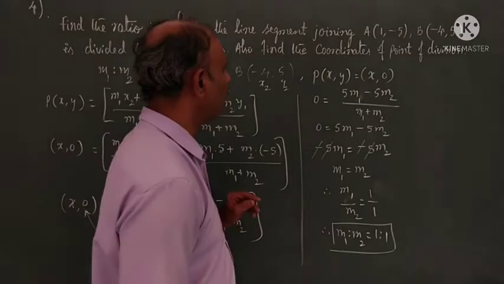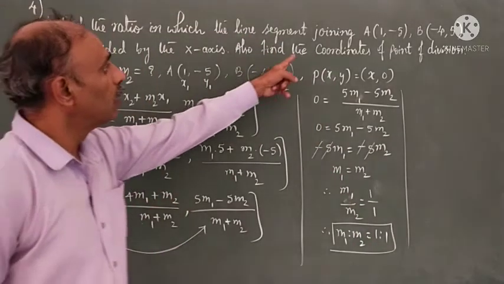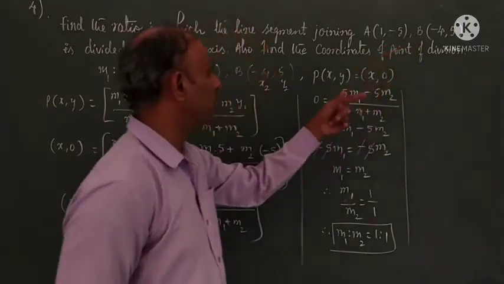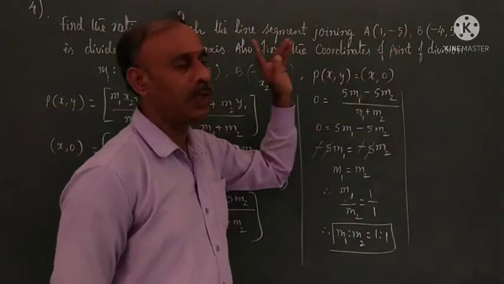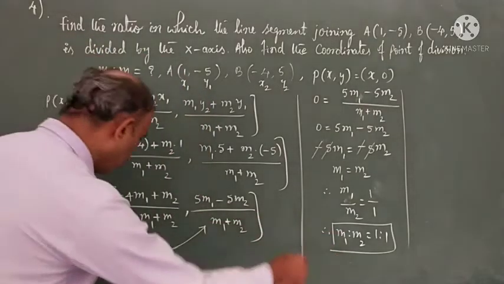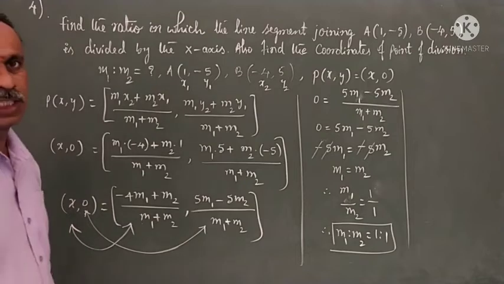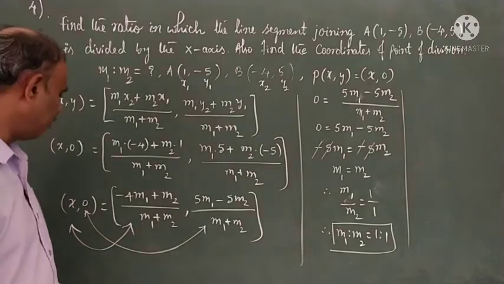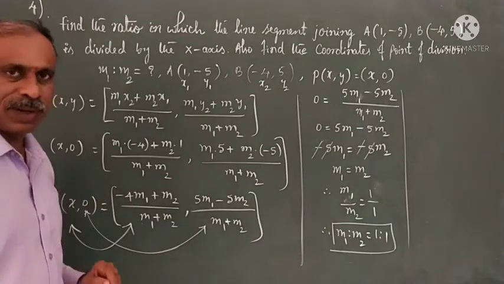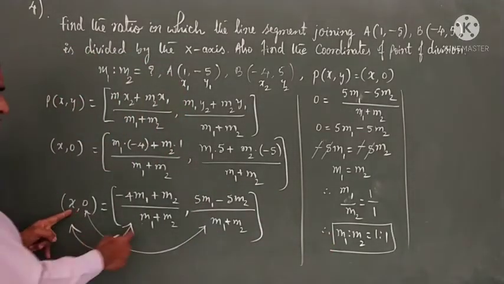Afterwards, what do we need to find once again? We need to find the coordinates of the point of division, which means the x value. After finding m1 and m2, come back to the comparison of x coordinates. First go with the numerical part; after getting the ratio, come back to the x part.